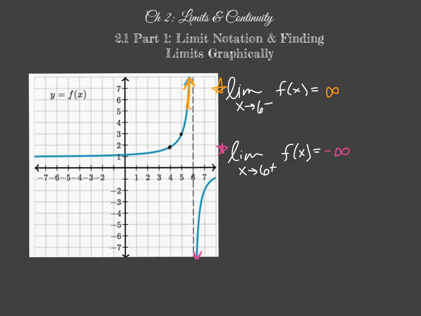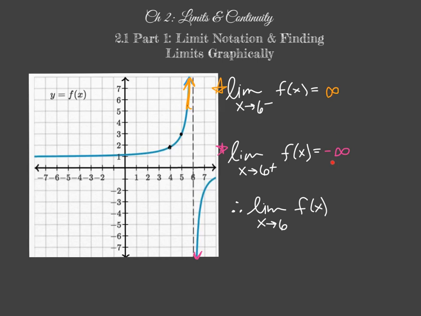Now, it is okay to write infinity or negative infinity. You can put a plus in front here if you want. It's okay to write those for one-sided limits. However, when we do our final limit, the limit as x approaches 6 overall, the two things that had to exist are that they had to equal a number, and that number had to be the same.